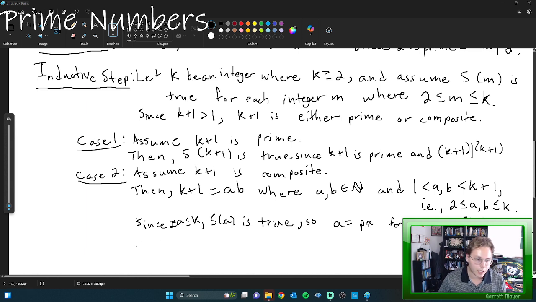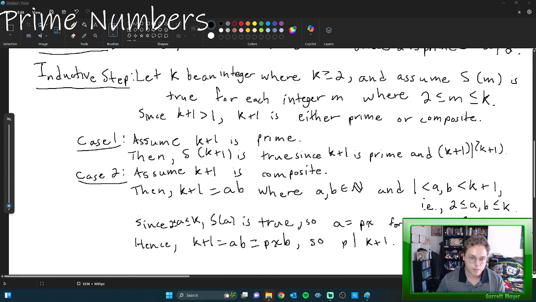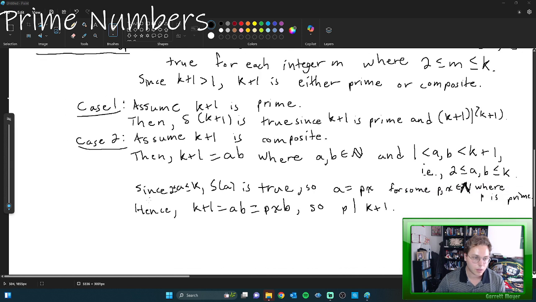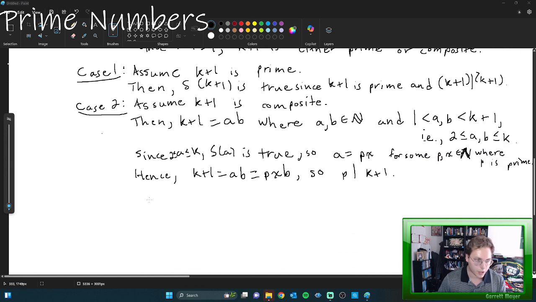And this means, hence, k plus 1 equals ab, but that means that it equals pxb. So p divides k plus 1. Therefore, based on that, or thus, S_{k+1} is true.